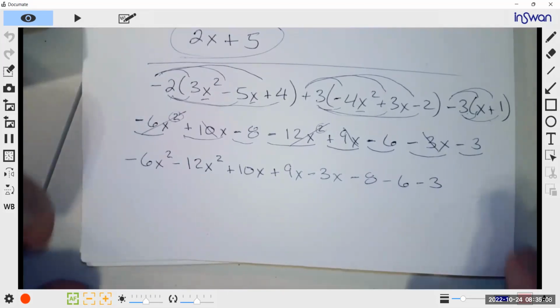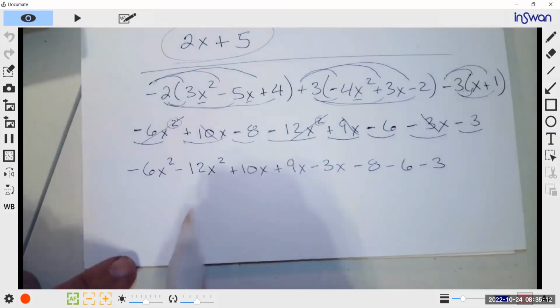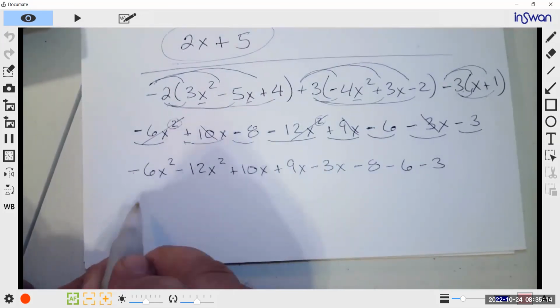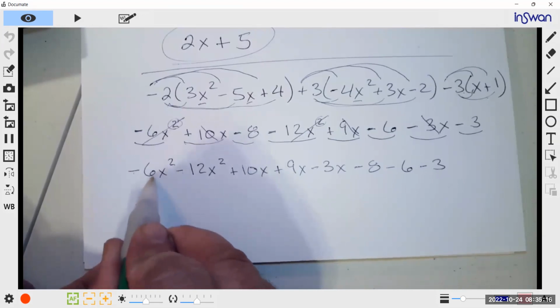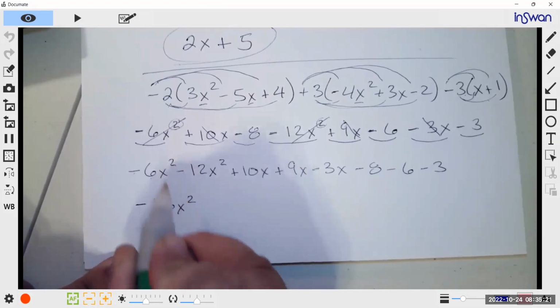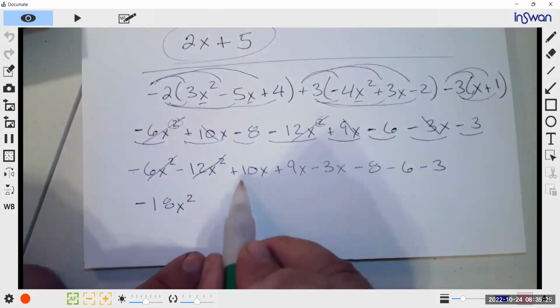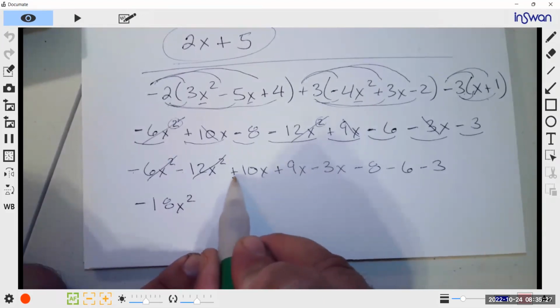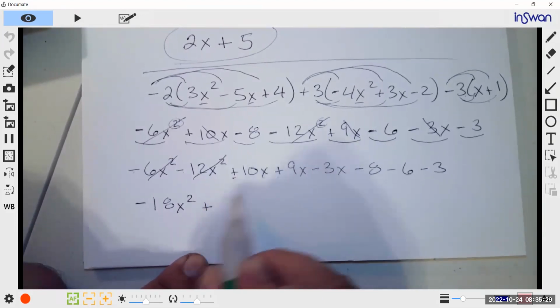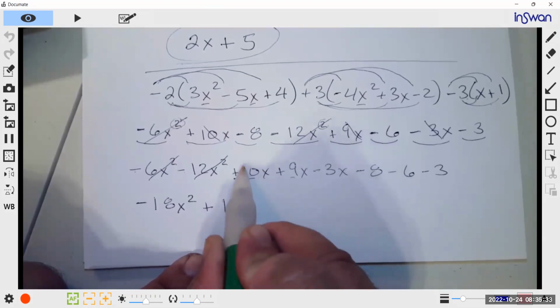So I combine them all in their own groups. Let's look at the first one. Negative and negative, they're both negative, so the answer is negative. 6 plus 12 is 18, x squared, so that takes care of both of those. Here for the x's, you have a positive and a positive, that means it's positive. 10 plus 9 is 19 x's.